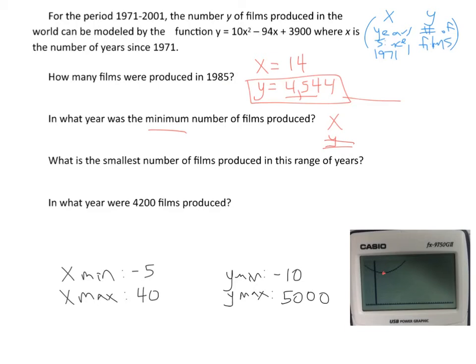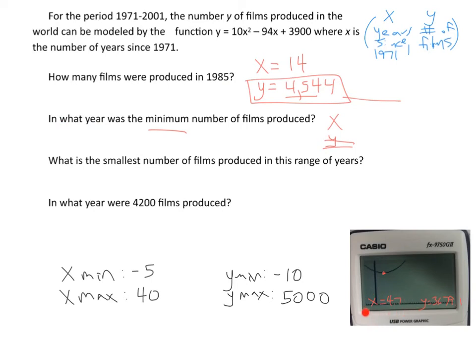So we're going to hit F5 on a Casio or second calculate on a TI and go to minimum and do the work you need there to find your value. What you're going to get is x equals 4.7 right here, and then y equals 3,679.1 right here for x and y for that minimum. So in what year did that happen?